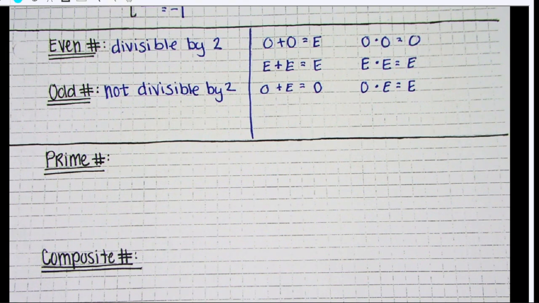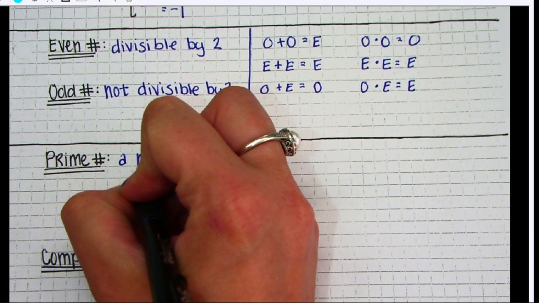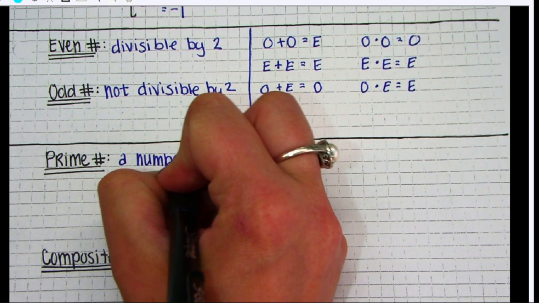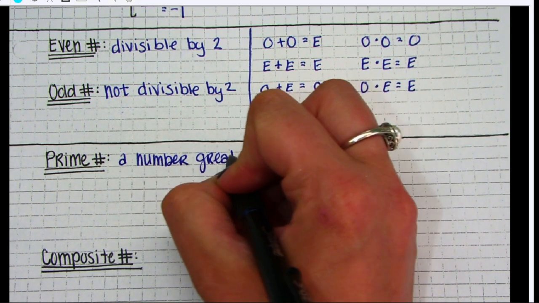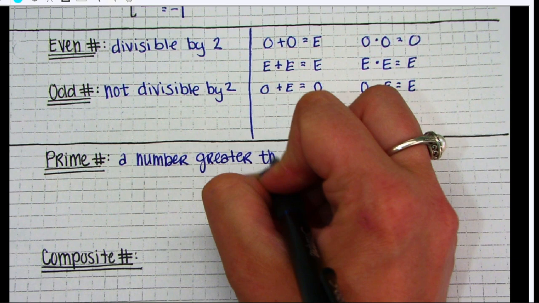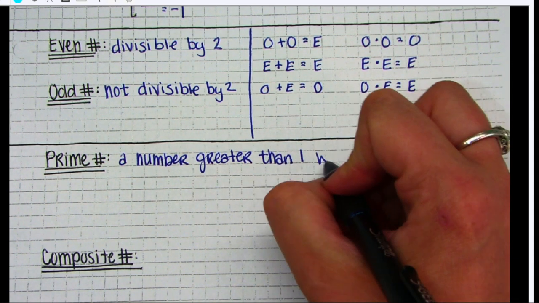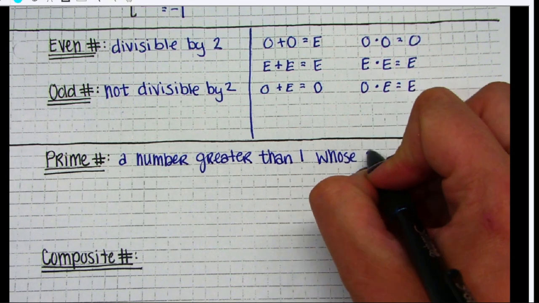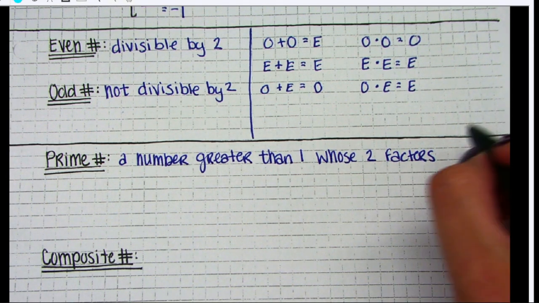So a prime number is a number greater than 1 whose two factors are 1 and itself.